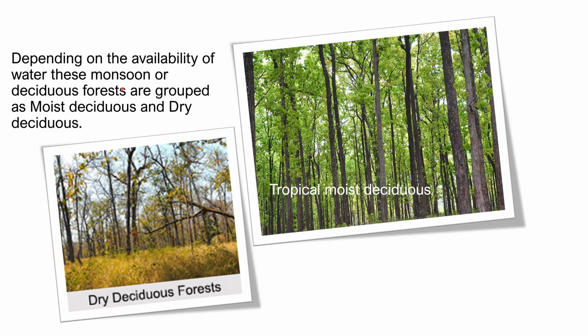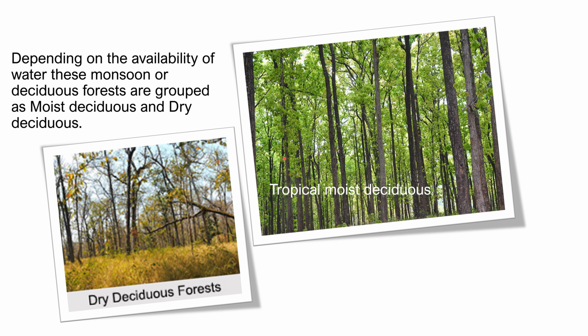So, depending upon the availability of water, these monsoon trees are grouped under deciduous forests, which are dry and tropical moist. The dry deciduous are found in the drier regions, for example, in parts of eastern Rajasthan, which gets less rainfall, parts of Punjab, southern Kashmir.